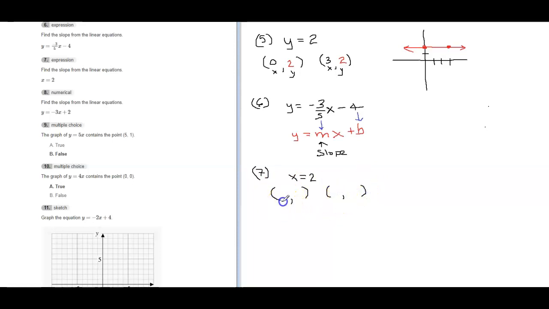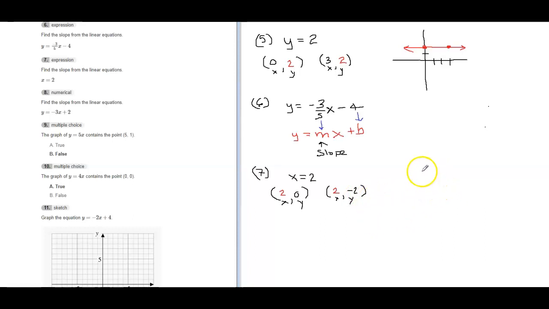Every point has an x and a y. And who do I know for sure? X is 2. So wherever you see the x here, I'm going to put 2. Who's going to be y? Whatever number you like. So 0 the first time, negative 2 the second time. Those numbers I chose randomly.